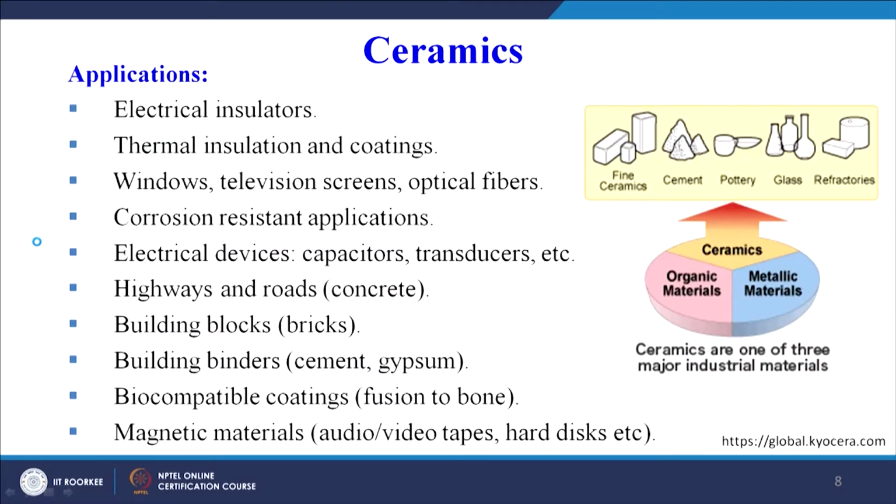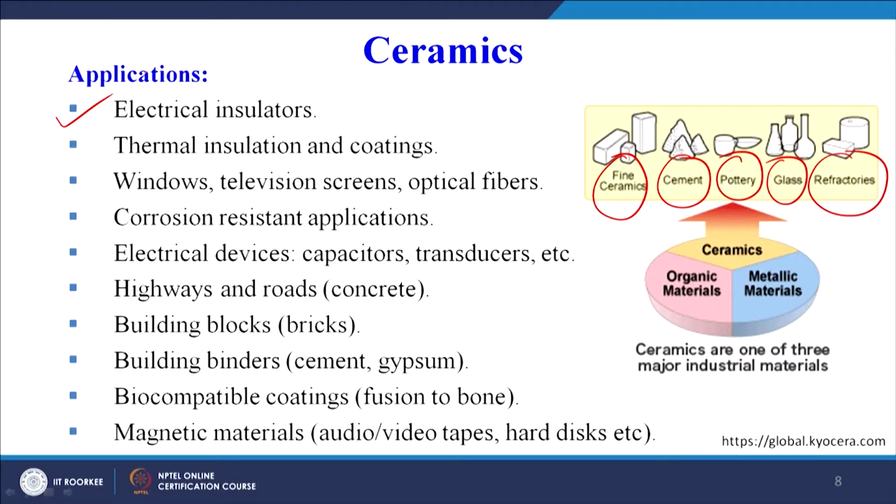Let us see now where they can be used based on these properties or general characteristics that they possess. Ceramics include fine ceramics, cement, pottery items, glass, and refractories, which are used for high temperature applications. As I have already told, they possess low electrical conductivity, therefore they are used as electrical insulators.